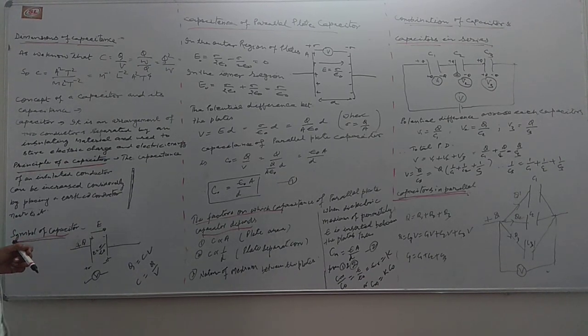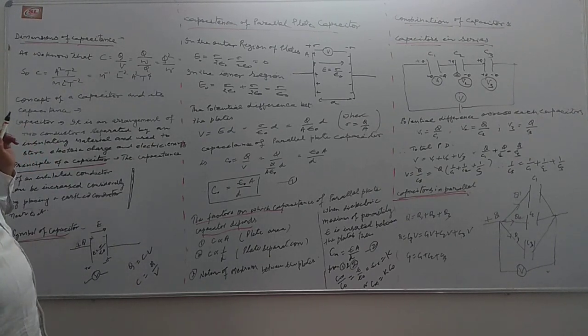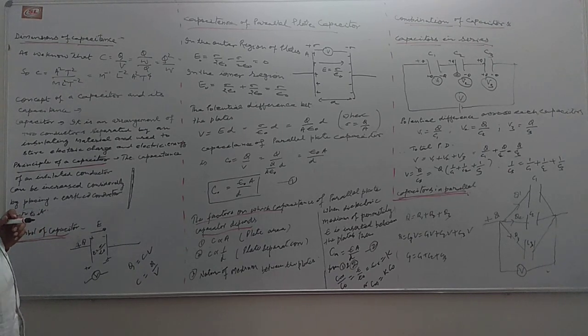Now continue with this topic. Today we have the concept of capacitor and its capacitance. So we are going to discuss here the principle of capacitor as well as the concept of capacitor.